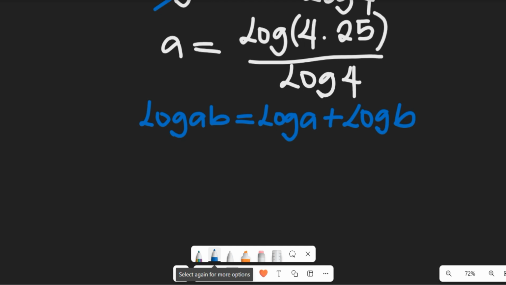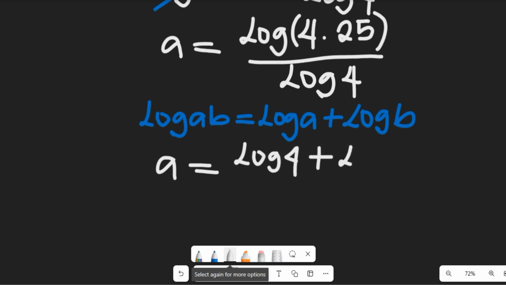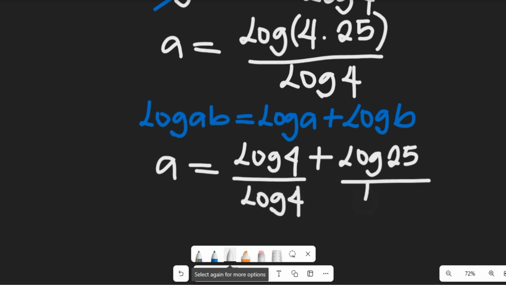So my a can be equal to the log of 4 plus the log of 25, and both can be separated to give me this divided by the log of 4, while this divided by the log of 4.